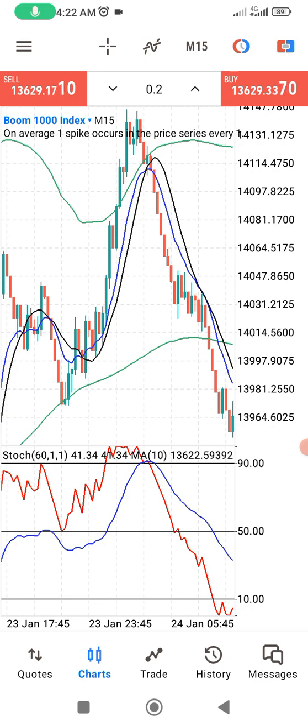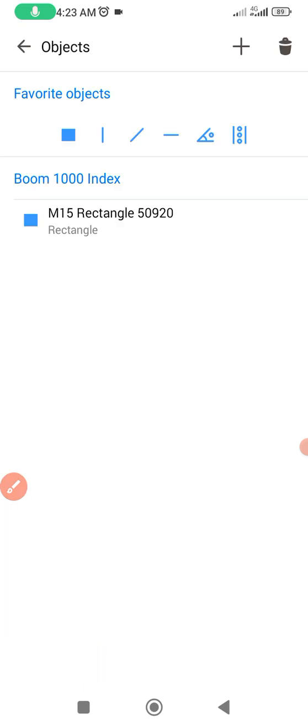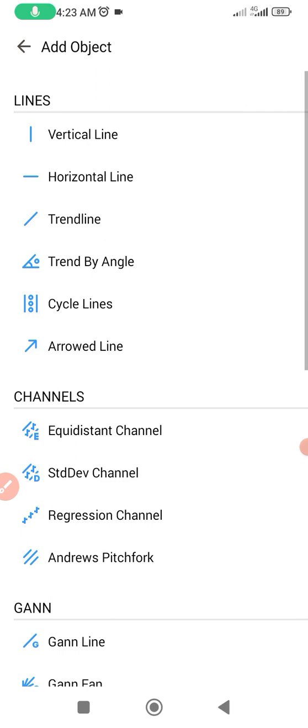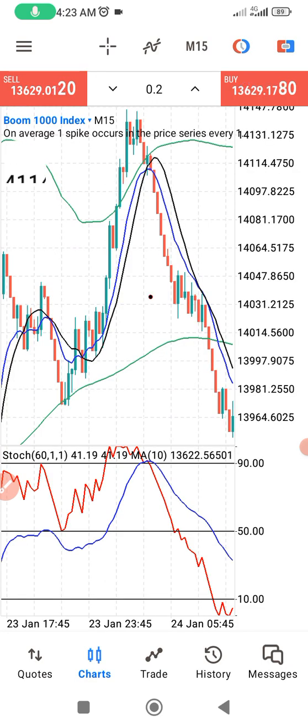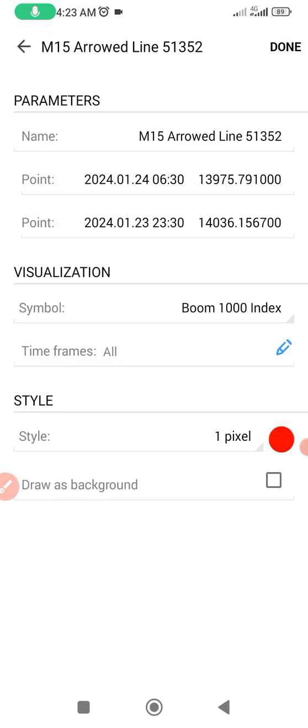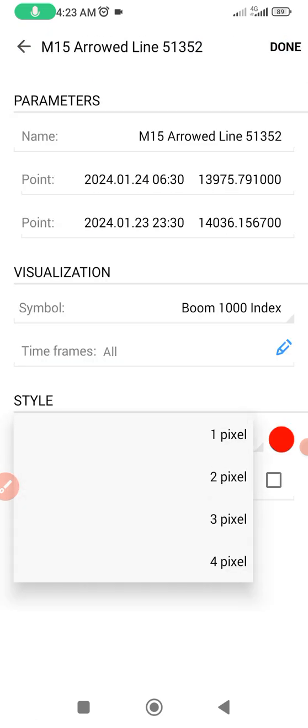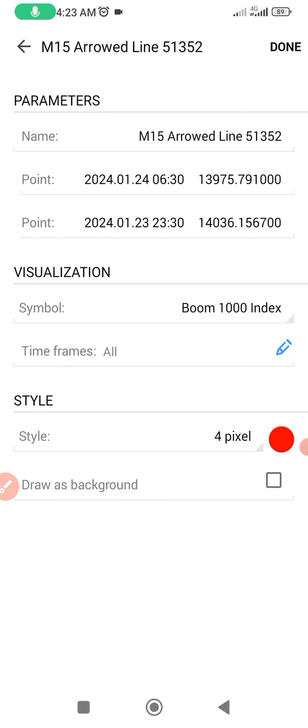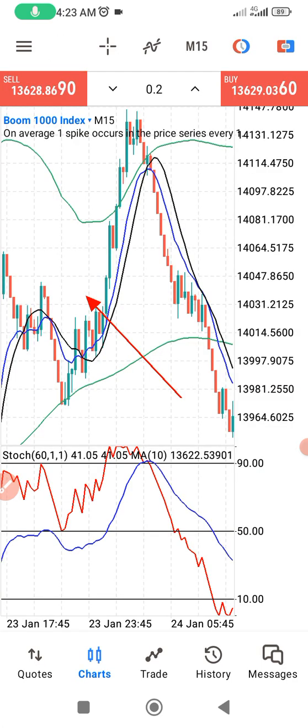Then the indicators we are seeing on our main chart are our moving averages: the exponential moving average 10 and the moving average 12.